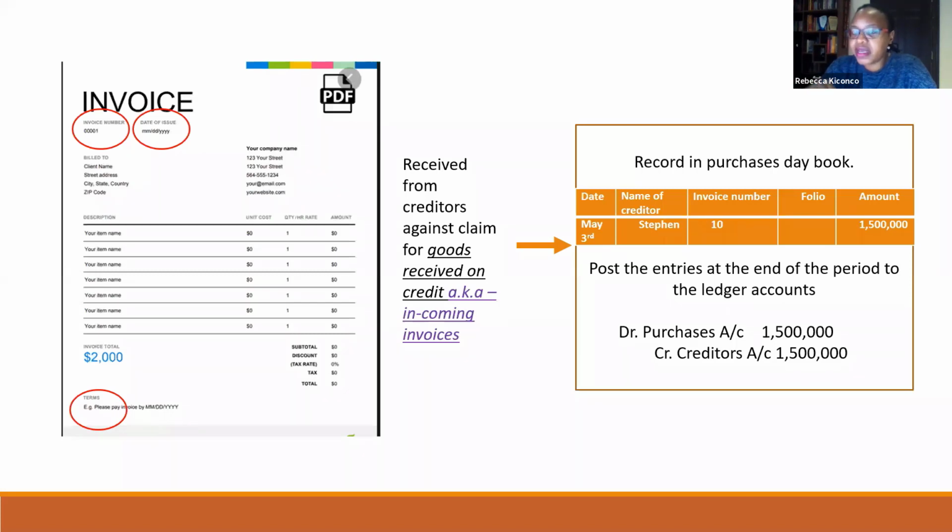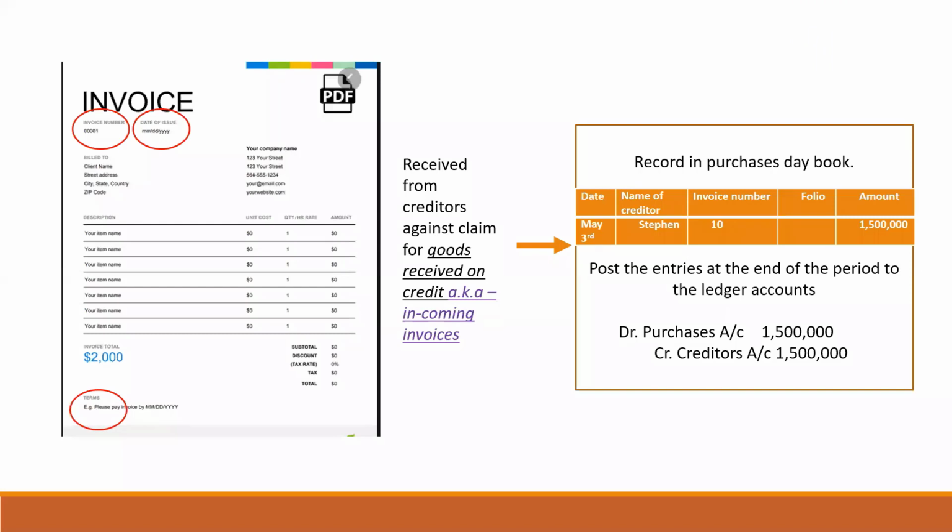You remember that sometimes we use liabilities to acquire assets in the business. In this case, we have acquired purchases using a liability called credit. So we shall debit our purchases, which is an asset, and credit our liabilities called creditors in the ledger through a process called posting.